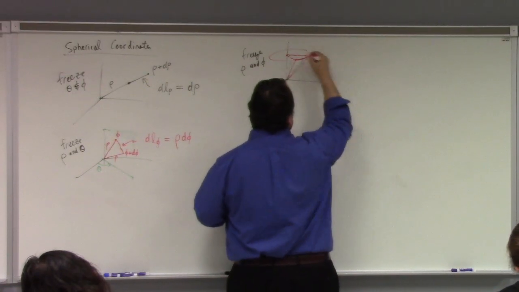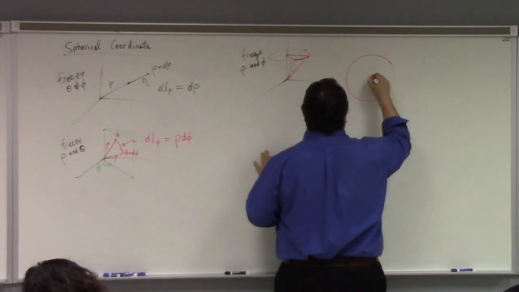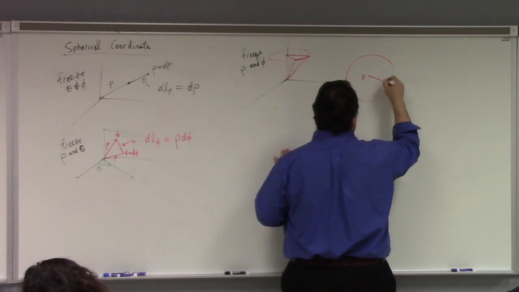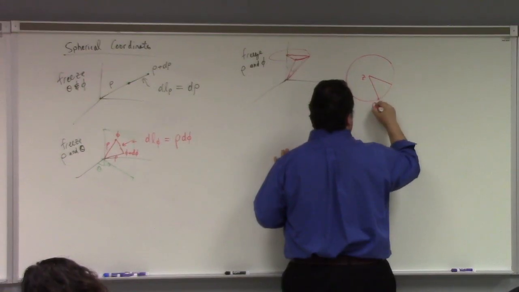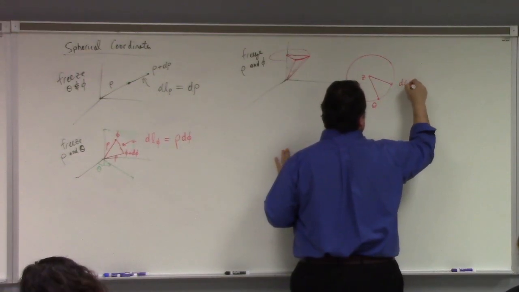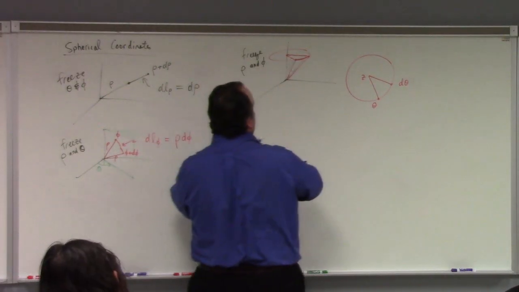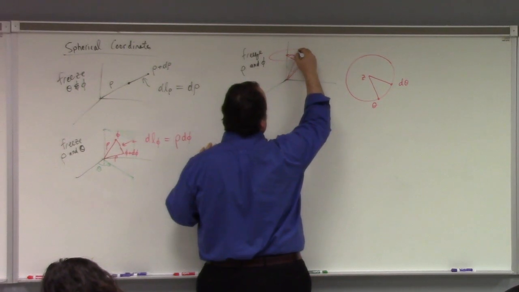Let me redraw that. So here's my z-axis, and we're going from like here, which is at theta, over here at d theta. What's this radius here?